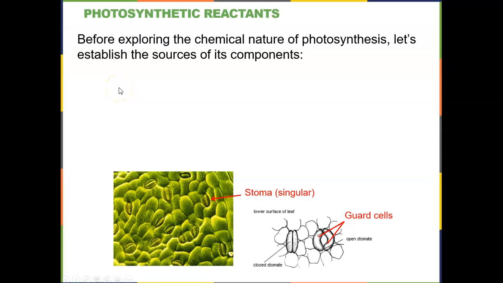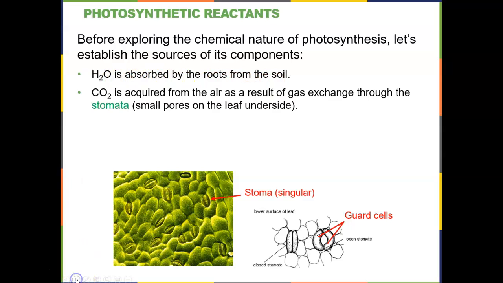The materials that are utilized, the reactants in photosynthesis, include water that is absorbed through the roots into the plant, and carbon dioxide, which is obtained from the air through small pores on the undersides of leaves. If you turn a leaf over and look at it under a microscope, you can see these tiny pores called stomata.